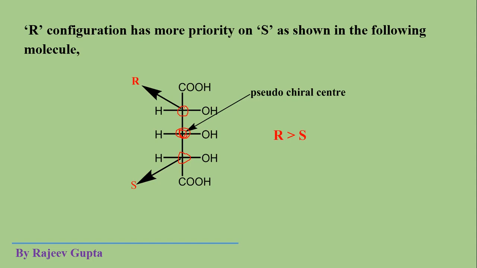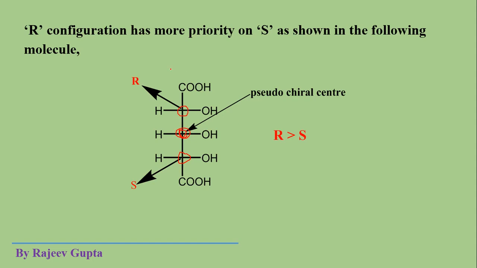But if we see the configuration of this first carbon atom, which is chiral, it has R configuration and the other has S configuration. So their configurations are different. This has R and this is S, and both parts are mirror images, this top part and this bottom part. So this carbon should be chiral according to this definition.